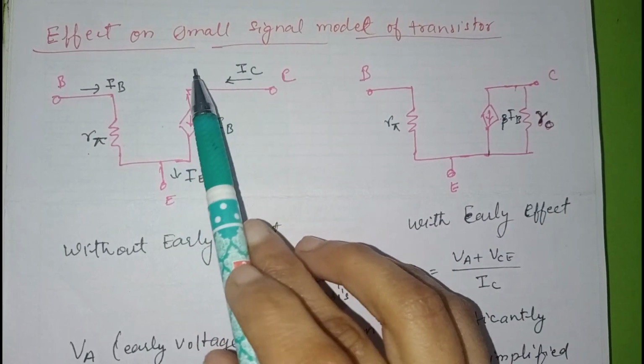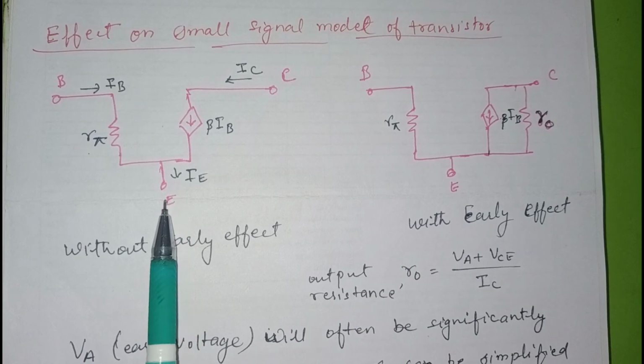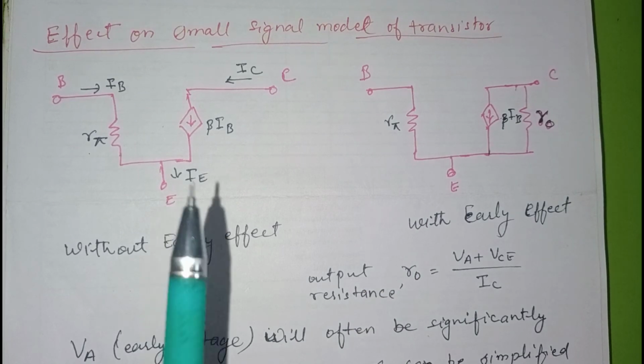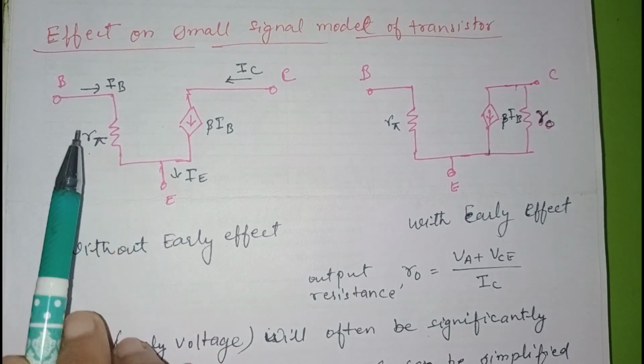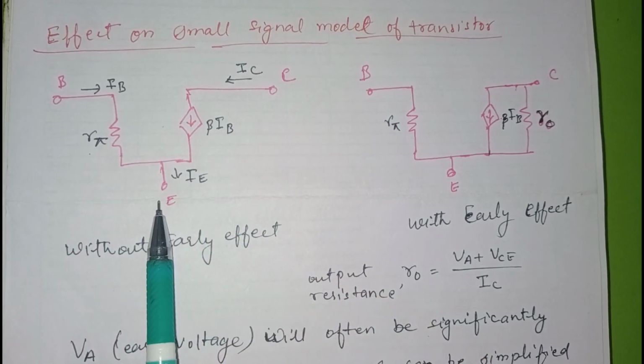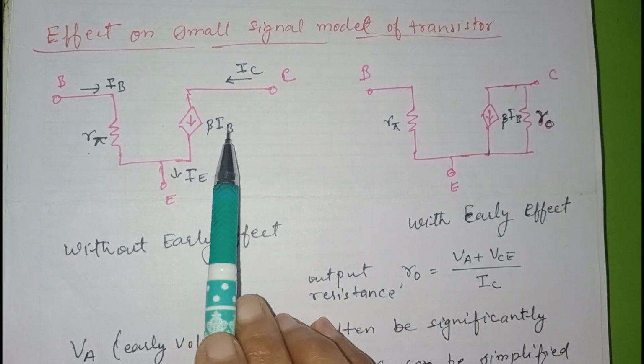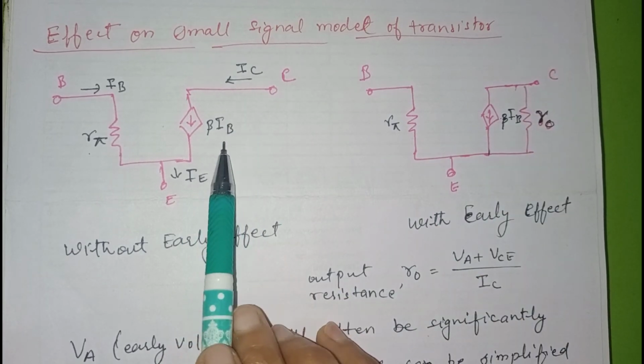Now we'll see the effect of early voltage on the small signal model of the transistor. This is the small signal model of the transistor. The base and the emitter junction is represented by the input resistance, and the collector and the emitter junction is represented by the current controlled source, because this current IC is controlled by the input current IB.